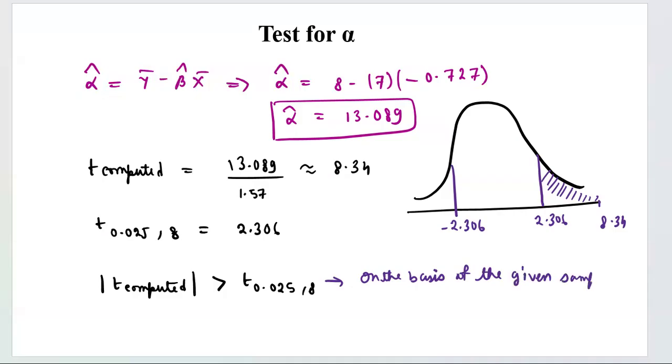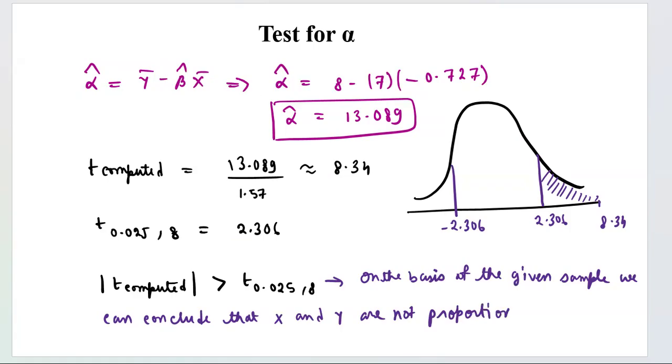On the basis of the given sample, we can conclude that X and Y are not proportionally dependent at 5% level of significance, and we reject H naught. So this will be the entire explanation.